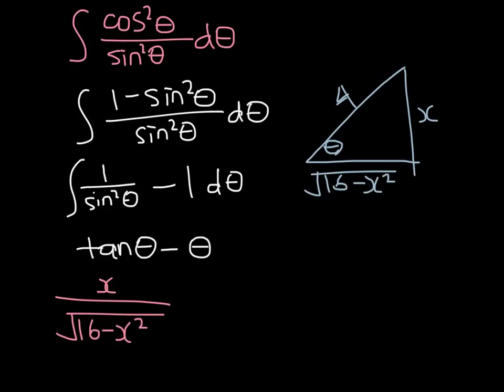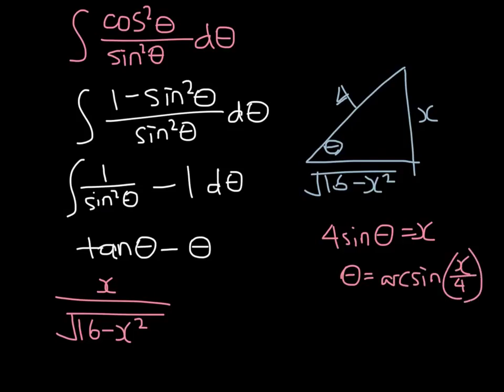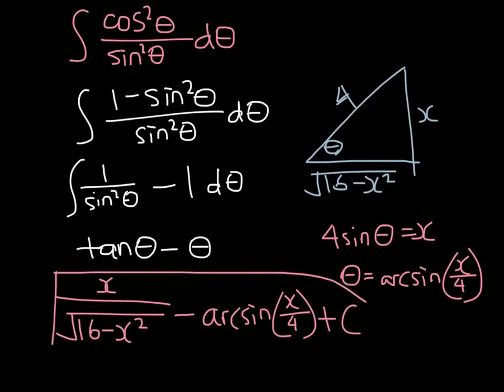And theta, well, we said that 4 sine theta equals x, so that means that theta equals the arc sine of x over 4. So we can write that in, minus the arc sine of x over 4. And then we'll add in a plus c, and we have our final answer.